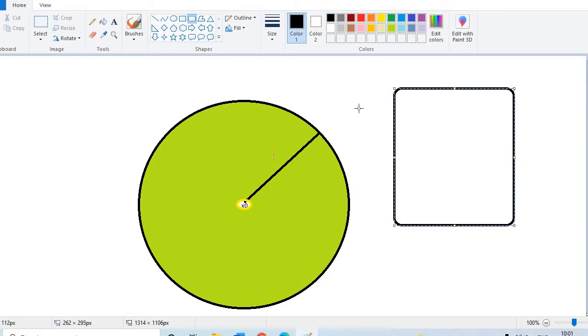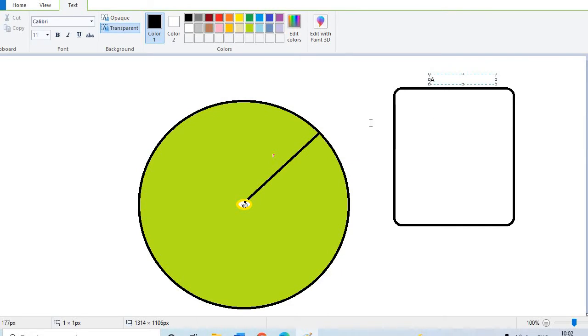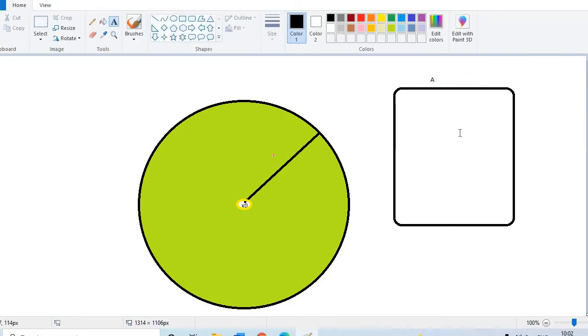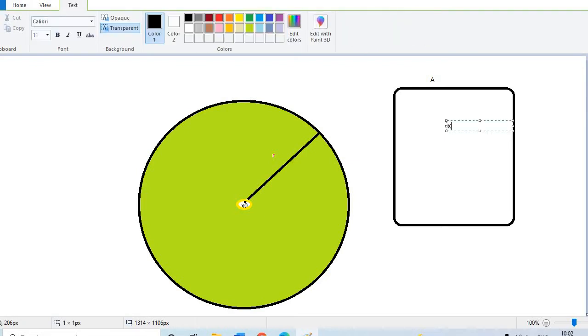Suppose this is A, and suppose we are considering x naught.